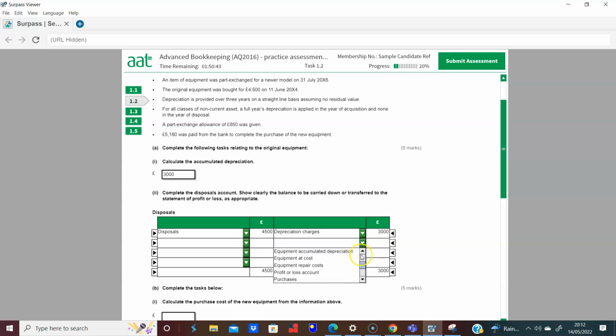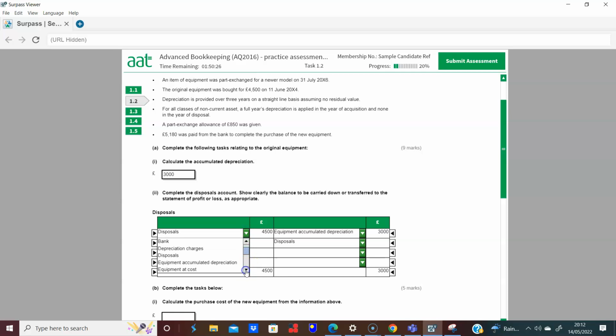I'm going to come here, disposals. I'm going to change this first of all to equipment accumulated depreciation, because that's what that is. And I'm going to now come here and put in equipment at cost. So that's equipment at cost, that's equipment accumulated depreciation. Then I part exchange, which is what I find quite interesting.